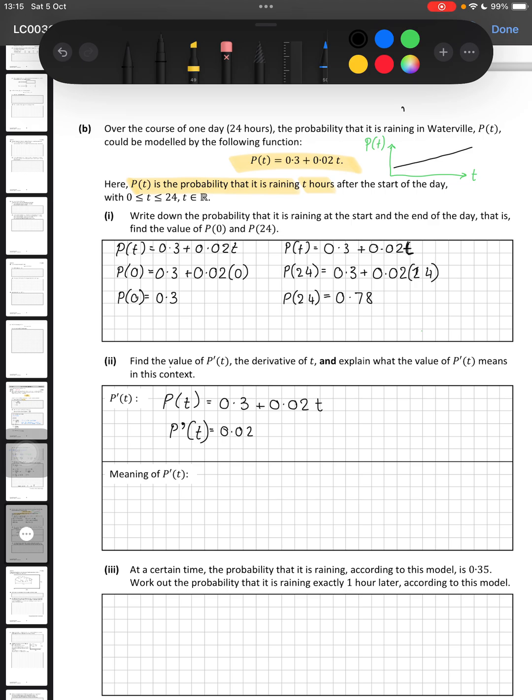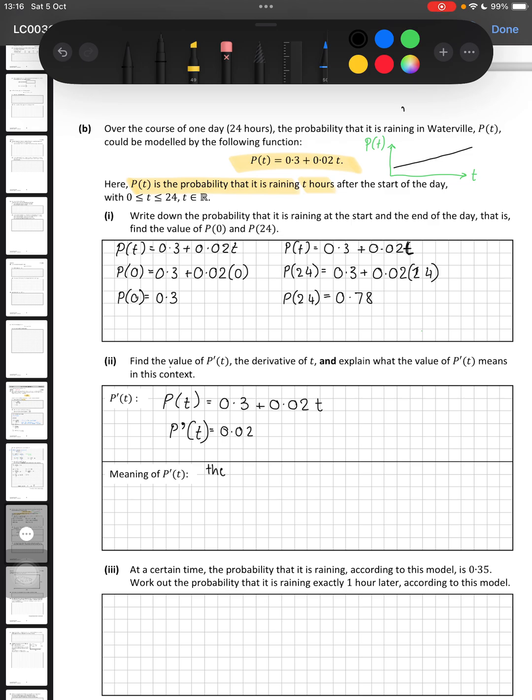And then it says the meaning of P dash of t. So we need to talk about the meaning of a derivative. The derivative, remember, is the slope. So when the slope is 0.02, what does that mean in the context of this question? I'm going to write it down.